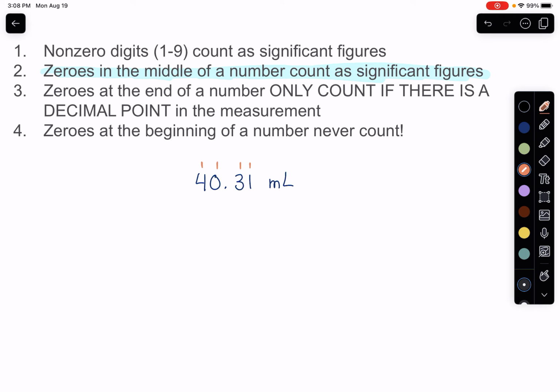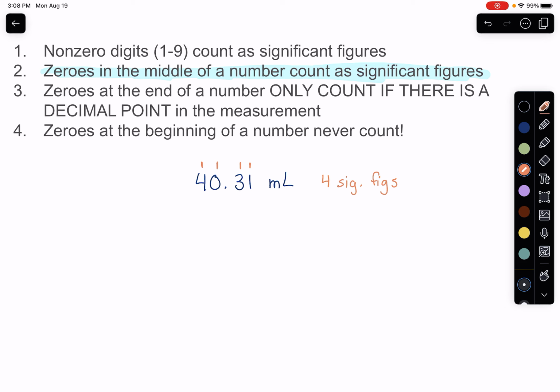And then this 0 is considered a middle zero because it is in between a 4 and a 3. It's a sandwich 0, in between 2 non-zero digits, so that means it's counted as well. This would have a total of 4 significant figures. You count the 4, the 3, the 1, and then you also count the 0 in the middle.